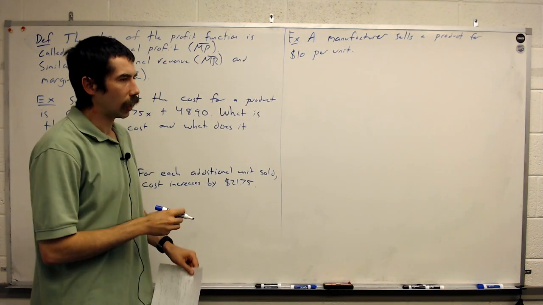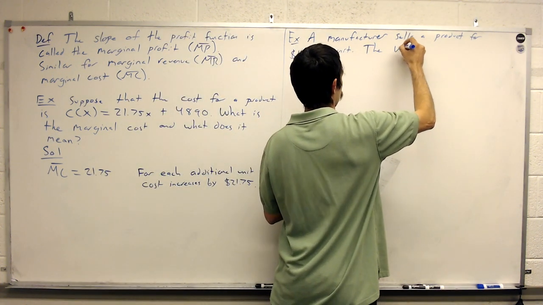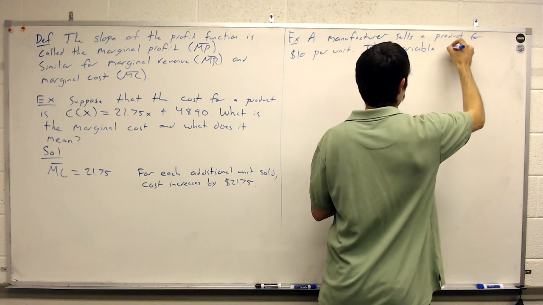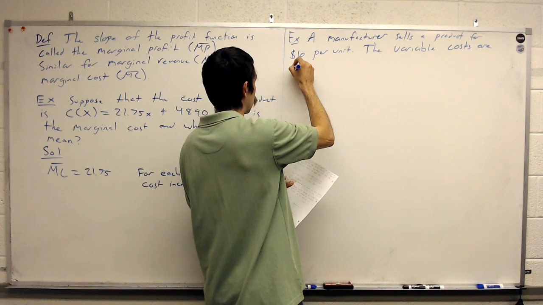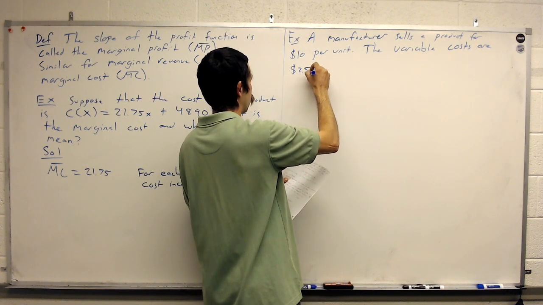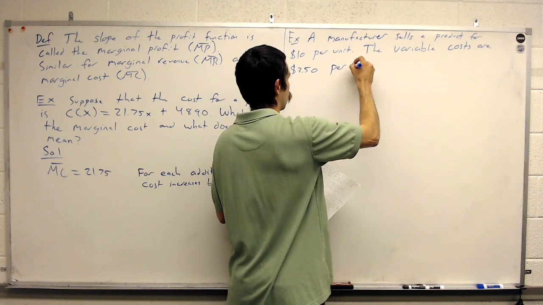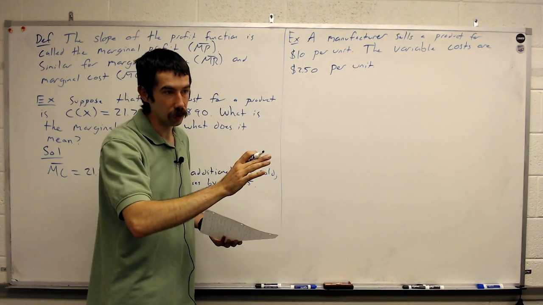The variable costs are $2.50 per unit. Okay, the variable cost is just another way to say the marginal cost.